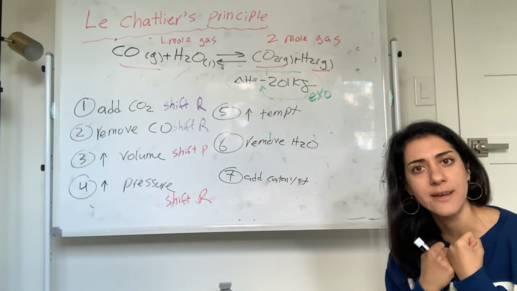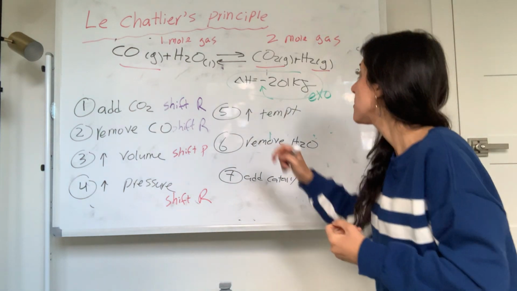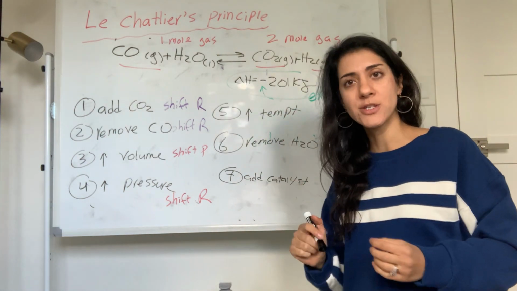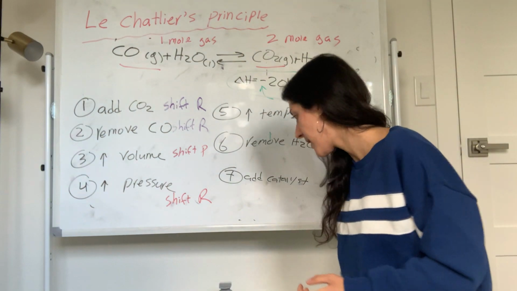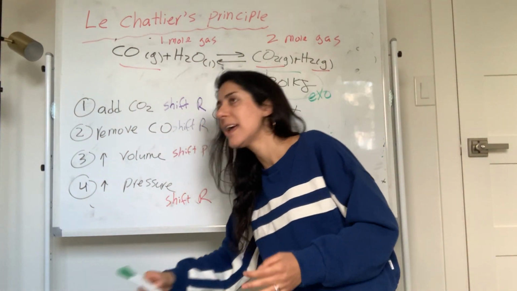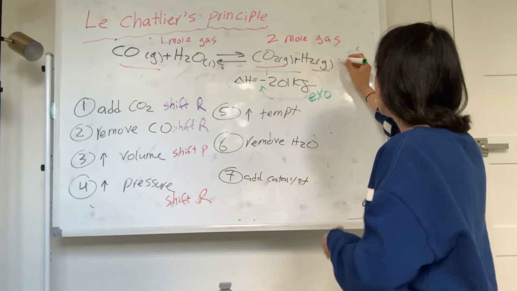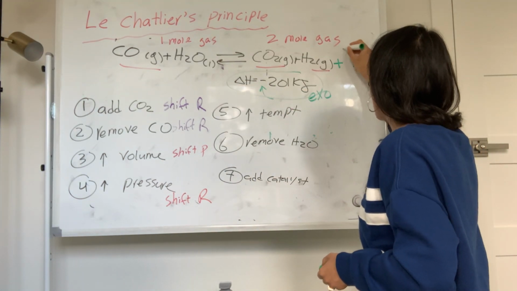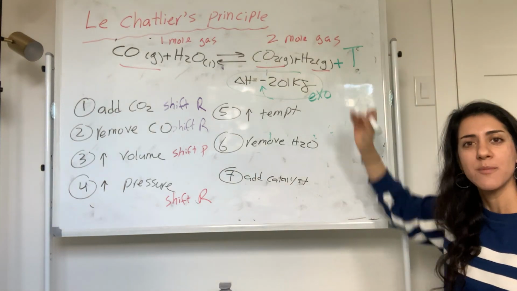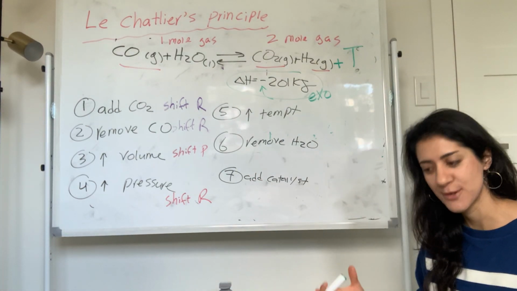Endothermic, you get the energy from the surroundings. Okay? So this one is an exothermic reaction. Because you're releasing energy to the surroundings, technically the temperature is going to be on your product side because you're releasing it to the surroundings.